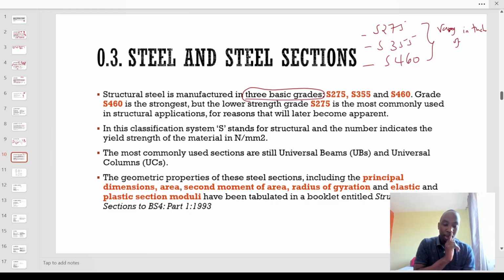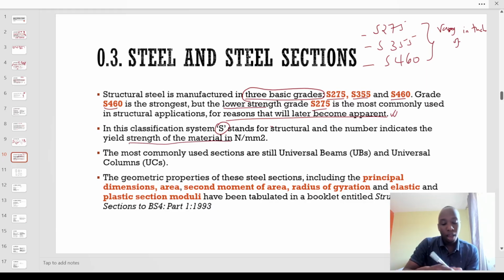So we have S275, S355, S460, and grade S460 is the strongest. But the lower strength grade S275 is most commonly used in structural applications, for reasons that we will see in calculation. So S stands for structural, and the number indicates the strength of the material.